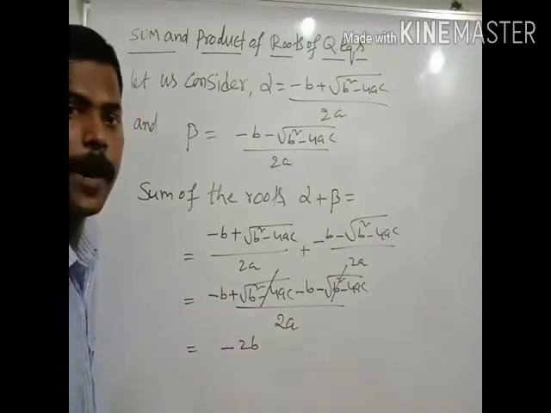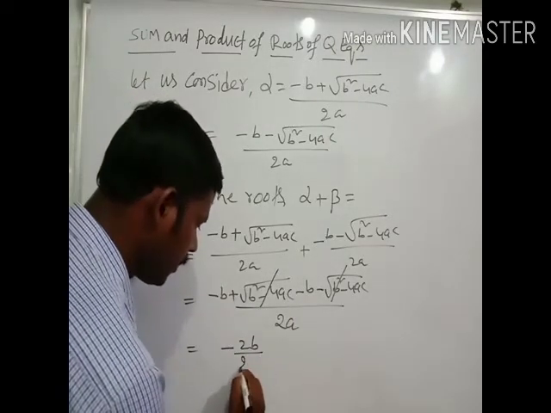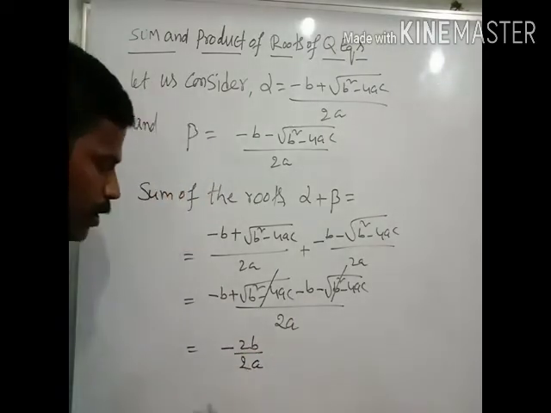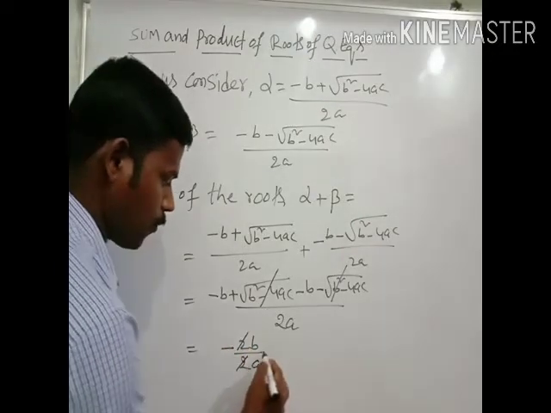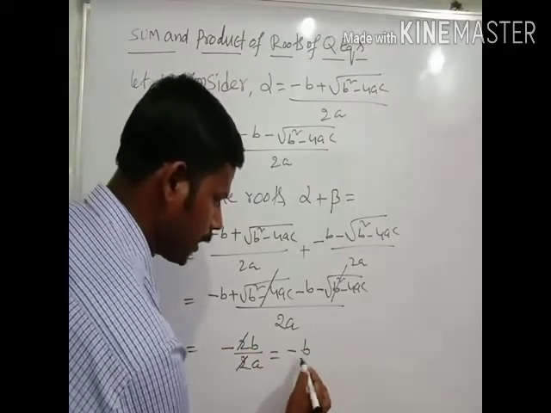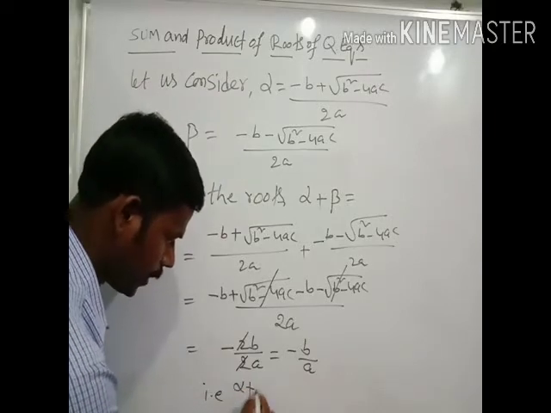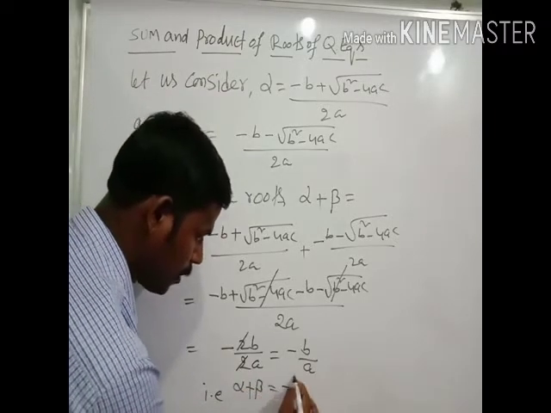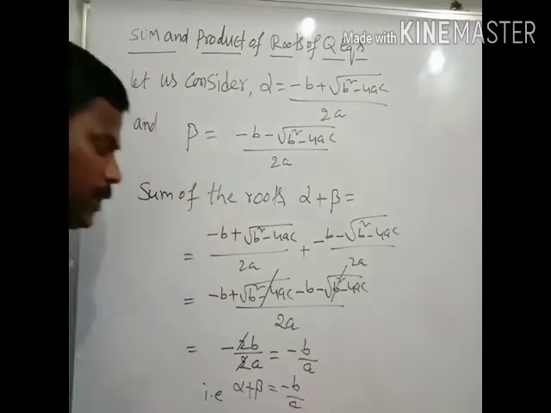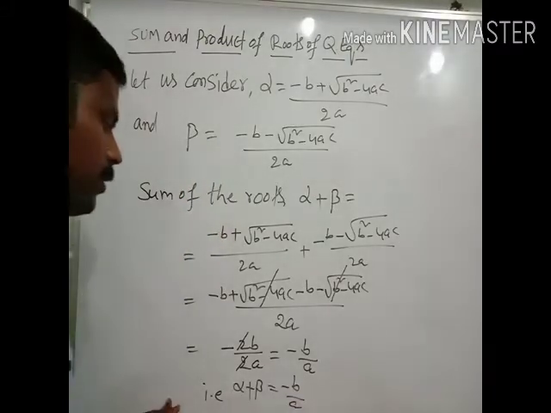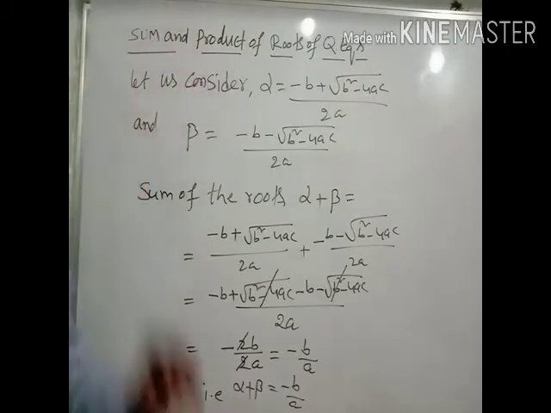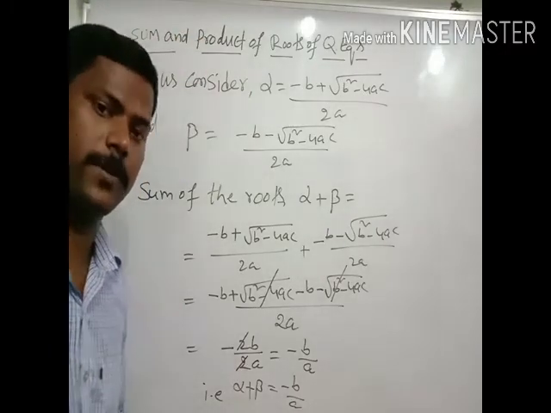So minus 2b by 2a. Now the 2 cancels, children. What is the final value? Minus b by a. That is alpha plus beta equal to minus b by a. This is the formula to find the sum of the roots of a quadratic equation.